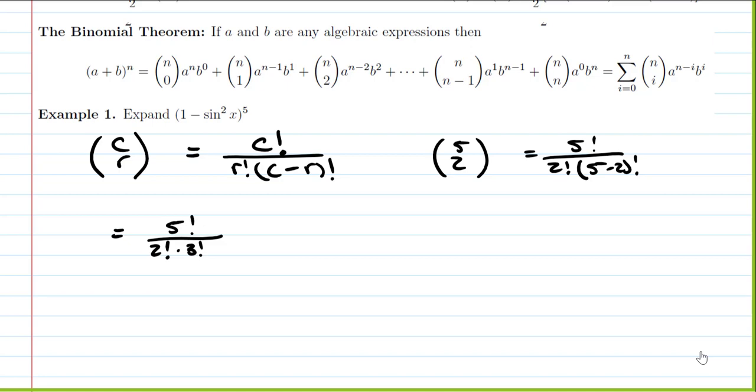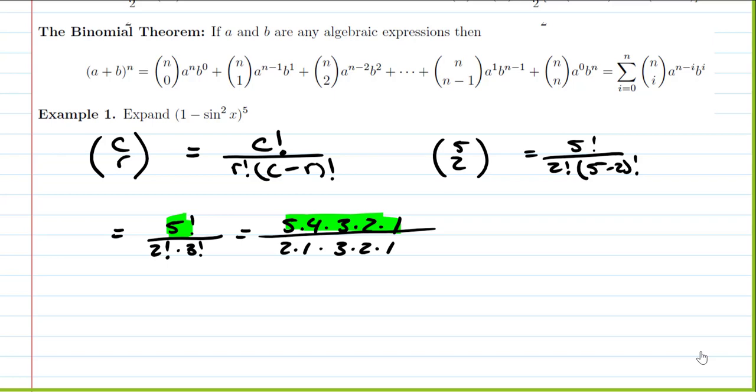And what is it that the factorial function represents again? Well, it tells us to multiply, starting at that number, all of the positive whole numbers together, descending down. So 5 factorial is 5 times 4 times 3 times 2 times 1. 2 factorial is 2 times 1. And 3 factorial is 3 times 2 times 1.